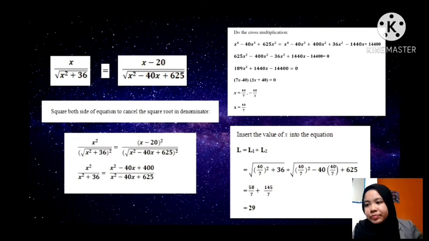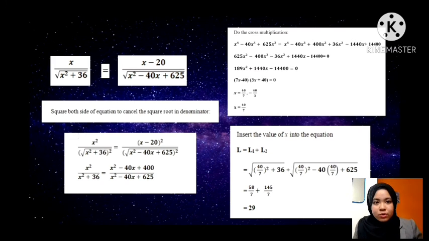So here I'm just gonna write down (7x minus 40)(3x plus 40) equals 0. Whenever you have to pick the x, especially for this kind of question, you have to pick the one that is positive. Anything that is negative is not valid here. So the value of x equals 40 over 7.